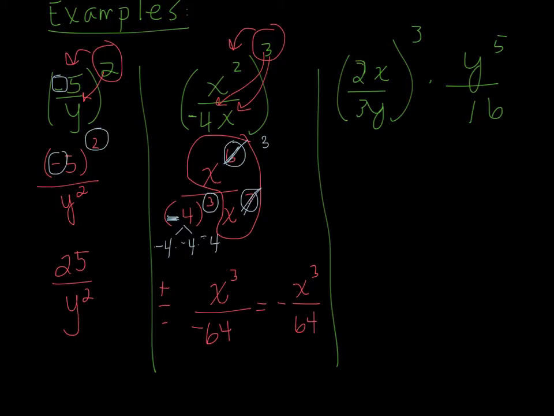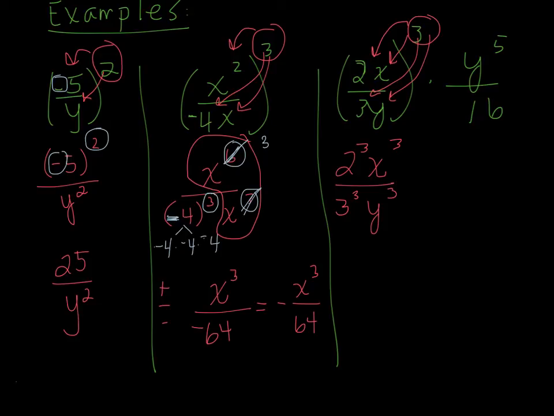Last one. So the first thing we want to do with the last one is distribute, but not distribute, the 3 inside of the parentheses to all 4 factors, to the 2, to the 3, to the x, and to the y, giving me 2 cubed x cubed over 3 cubed y cubed.